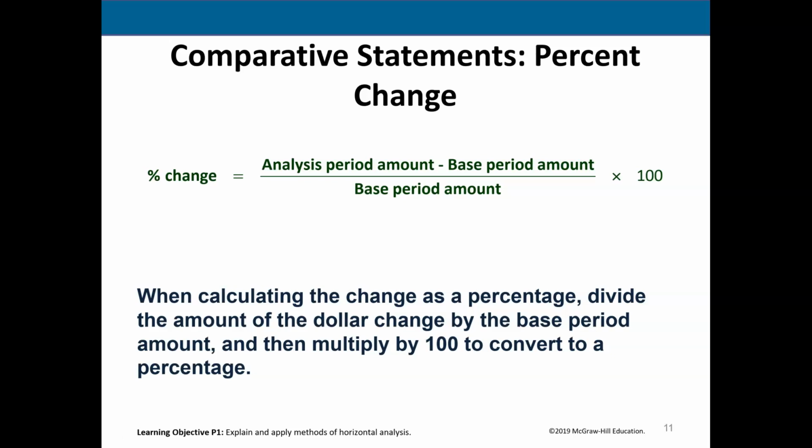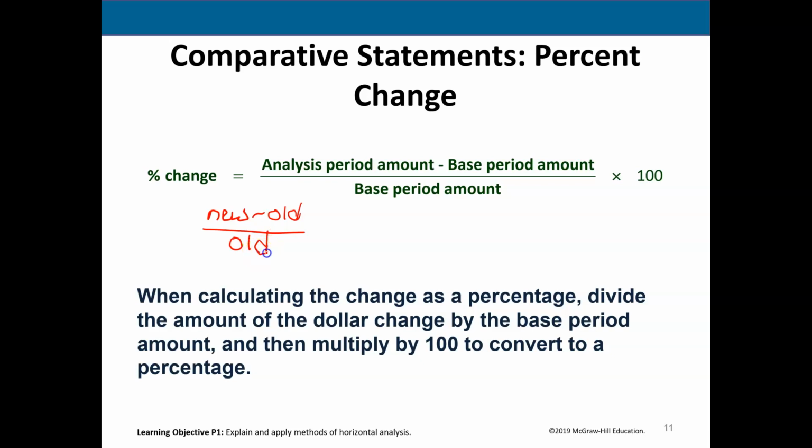And basically what you're doing is you're going to take the year you're analyzing, which is usually the current year, minus the base period, and then you divide it by the base period. And one way I look at it is the new number minus the old number over the old.